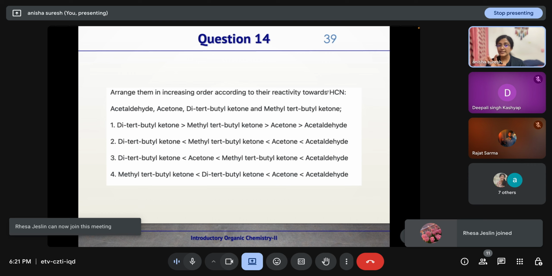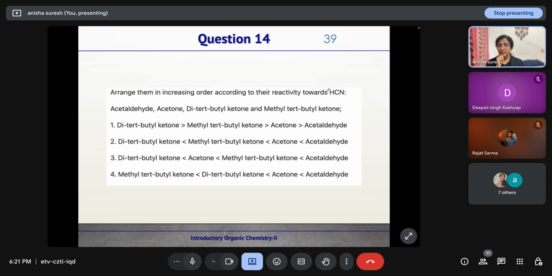So this is a nucleophilic addition reaction, so we have to take into consideration the electrophilicity of the carbonyl carbon. When the electrophilicity of the carbonyl carbon is more, the reaction takes place at a faster rate. If it is less, then the rate will be lesser.